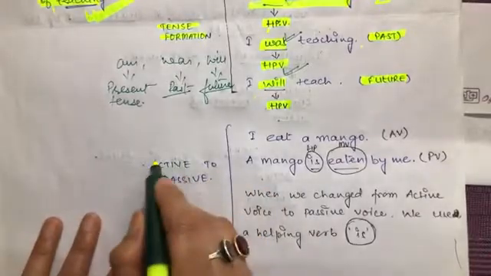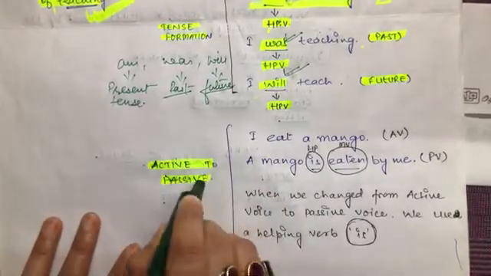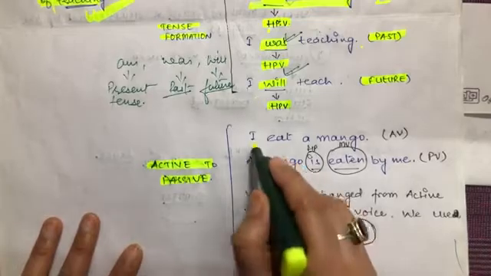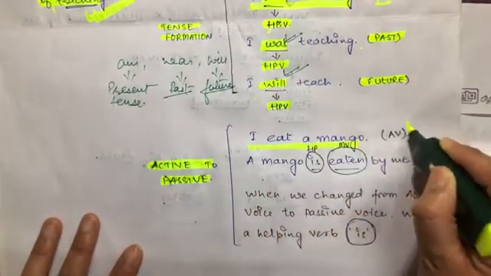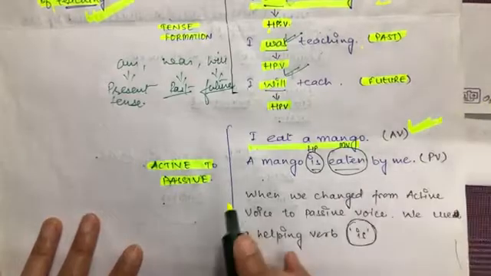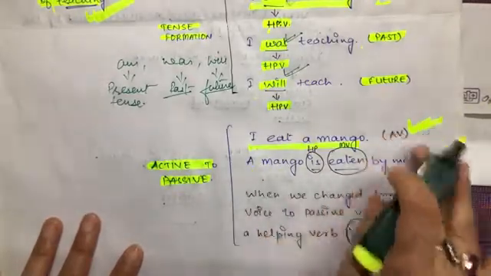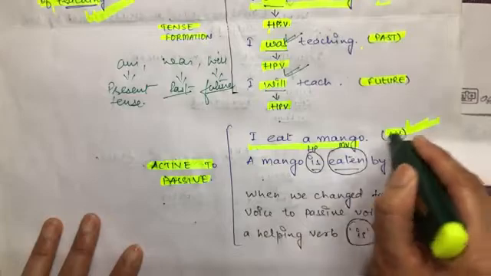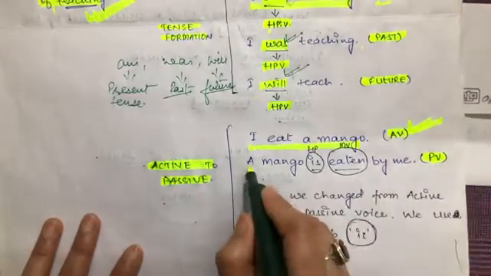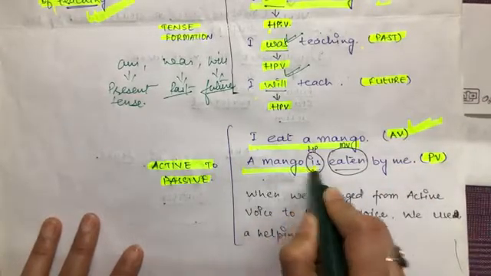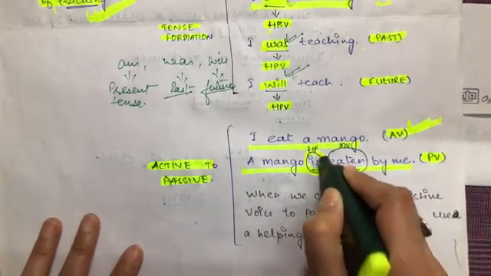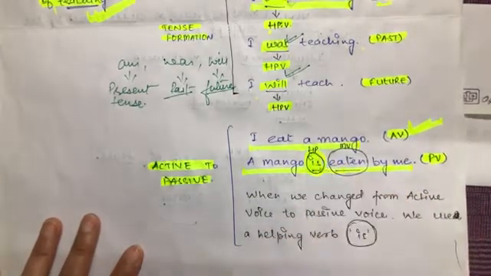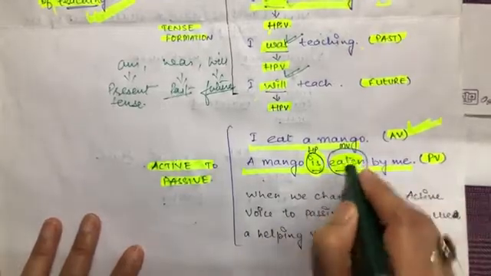It is from active to passive. For example, I eat a mango. This sentence is in active voice. When I convert it into passive form, then it becomes a mango is eaten by me. Here is is the helping verb, eaten is the main verb.